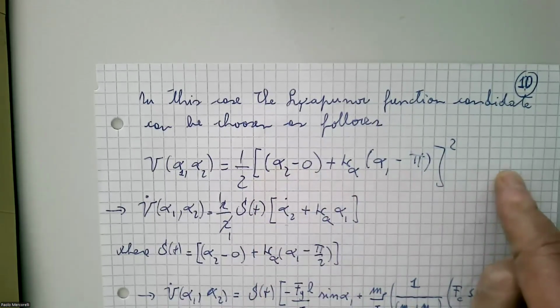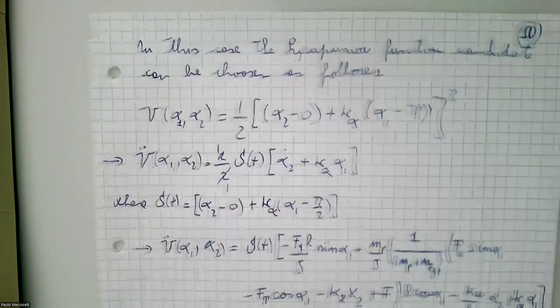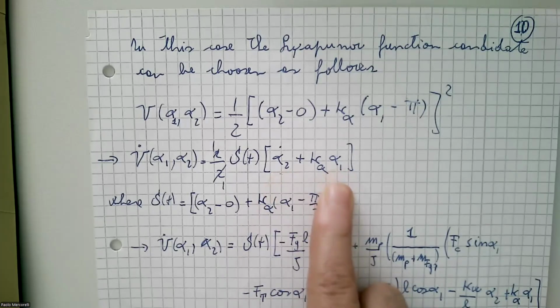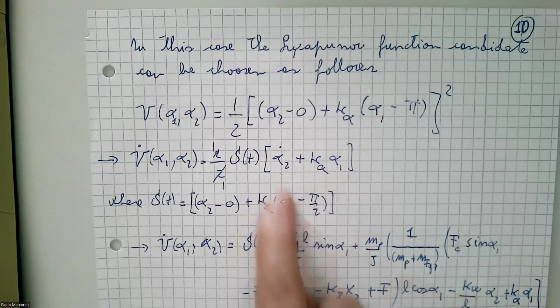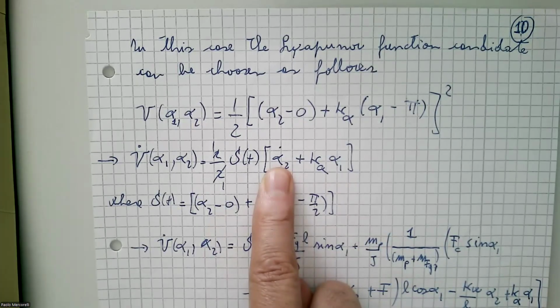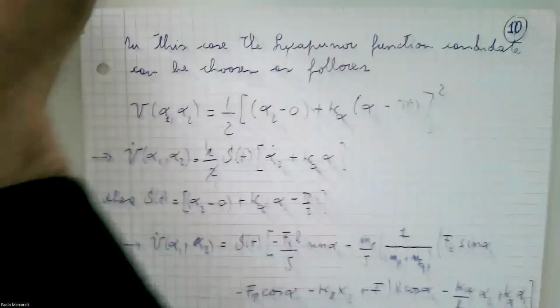We don't consider all states as I should. If I do so, instead of alpha 2, I will consider the expression of alpha 2 derivative, the dynamics of alpha 2 derivative. You remember, this is here.